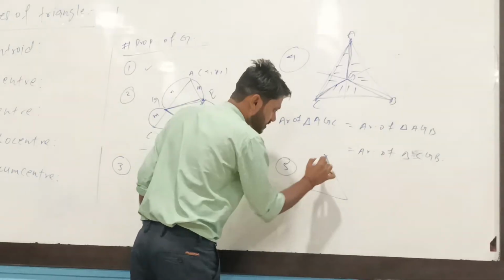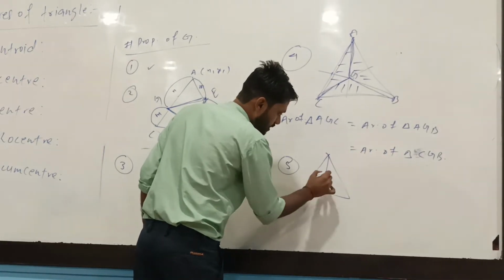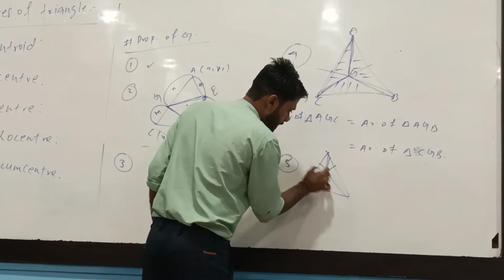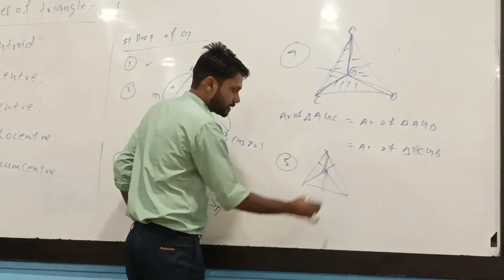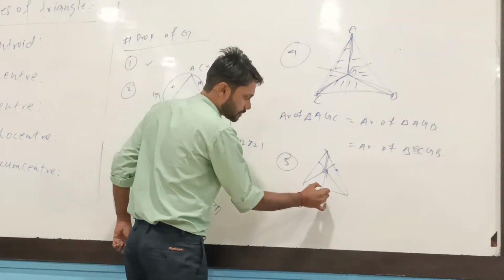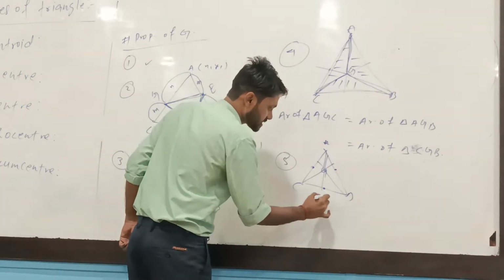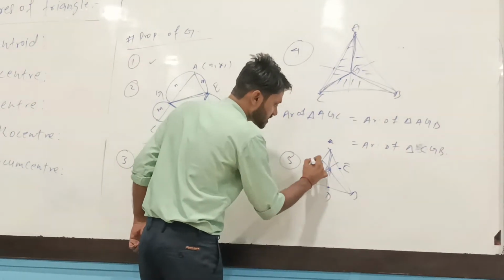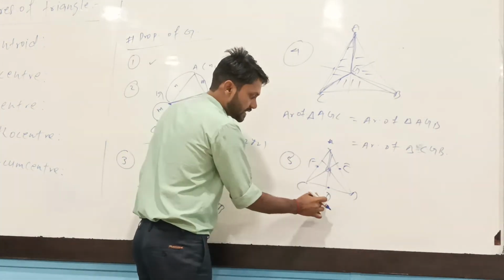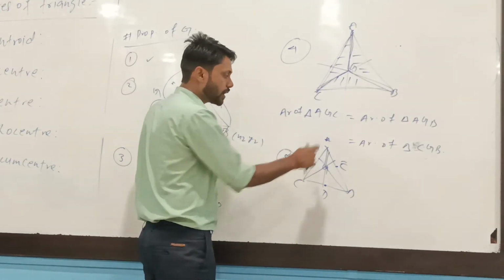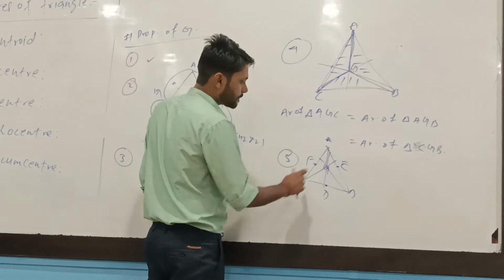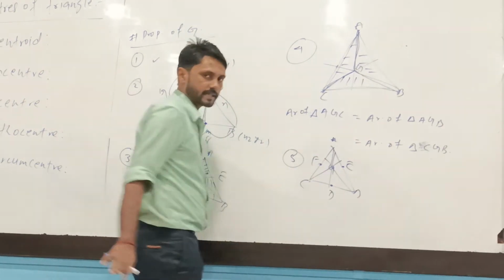Remember, this is the centroid, and this is a midpoint. Suppose this is A, this is B, this is C, this is D, this is E, this is F. D, E, F are the midpoints of the lines joining BC, AC, and AB.